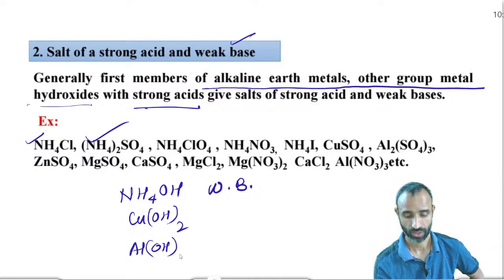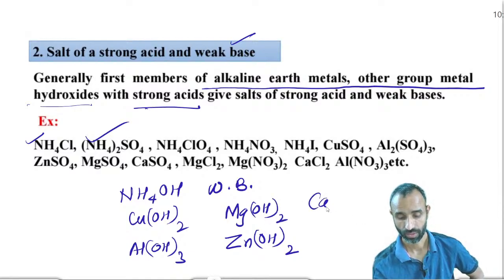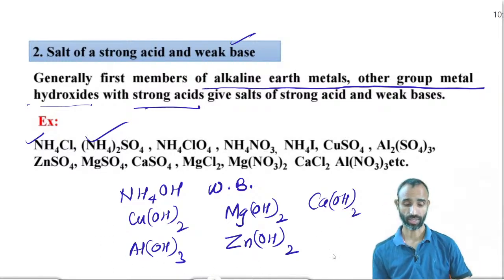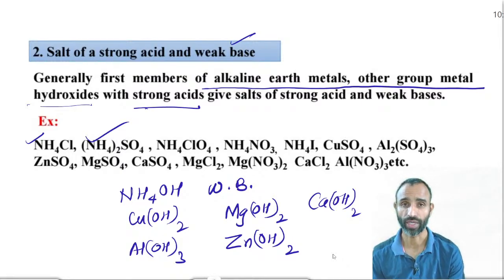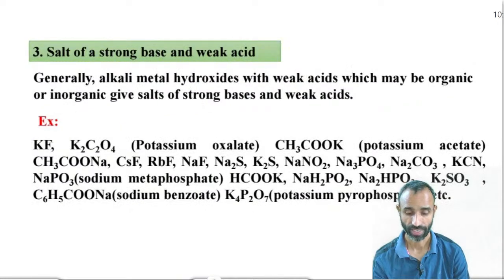Al(OH)3, weak base. Zinc hydroxide, weak base. Magnesium hydroxide, again weak base. Even calcium hydroxide is also a weak base. So these are weak bases, and nitric acid, perchloric acid, sulfuric acid, they are strong acids.